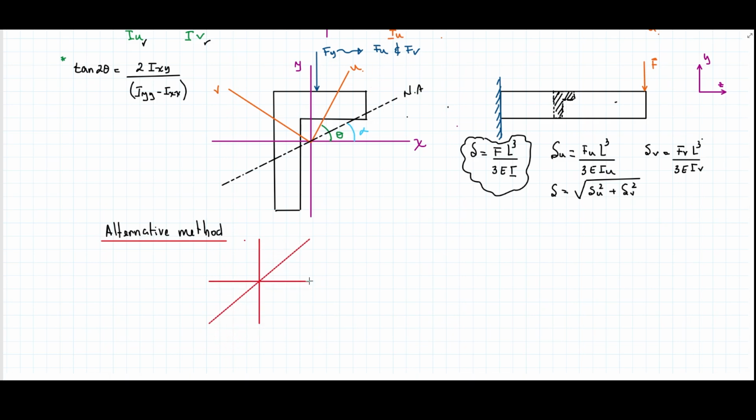I'm going to draw it like this, in purple. Something like this, with the Z-axis like this. Then I have a general body here, a general section, sorry. In that general section, again, we have a small differential of area.